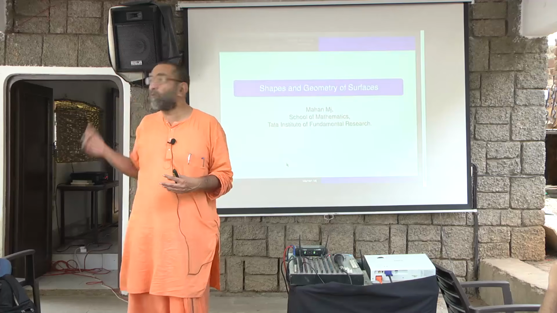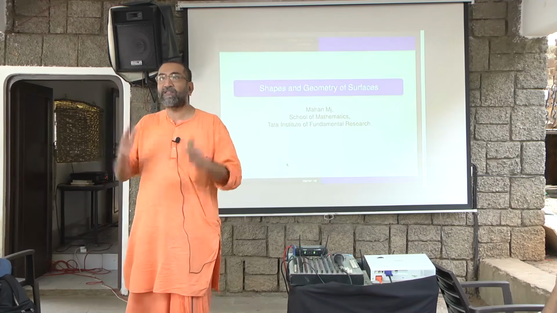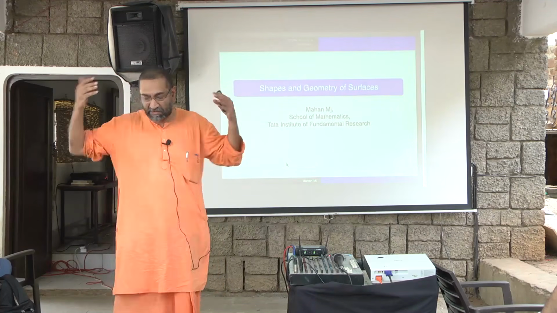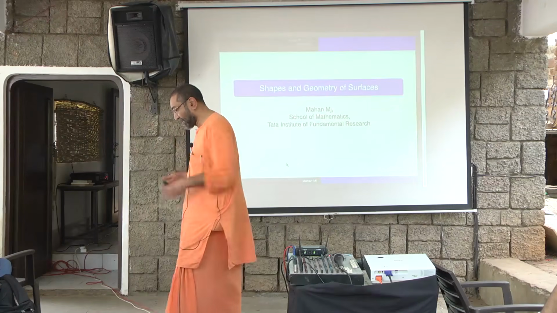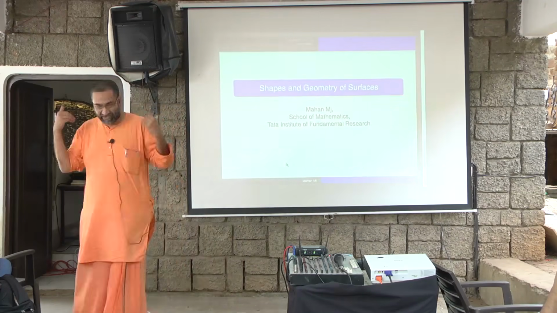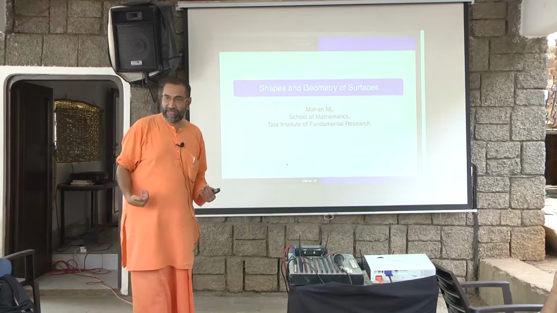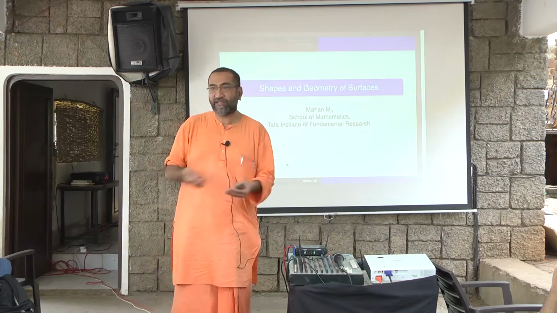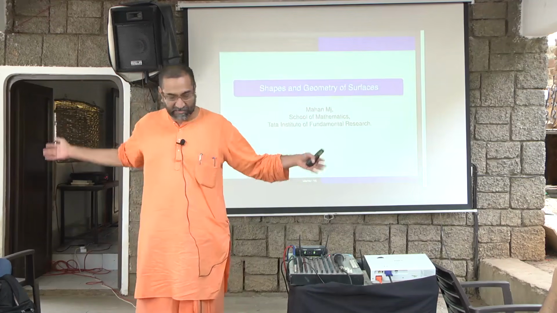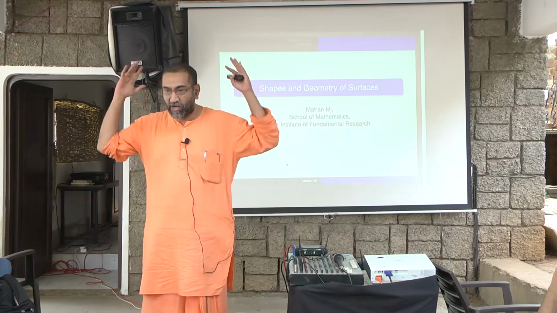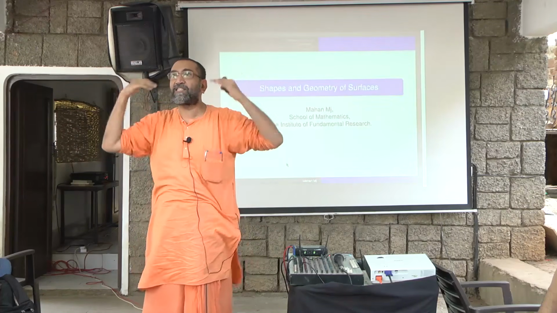I'll tell you what mathematicians, as part of science, do. The division of science into various disciplines is a relatively recent phenomenon. In the time of Newton, for instance, all of mathematics, physics, all of it was called natural science, science dealing with nature.